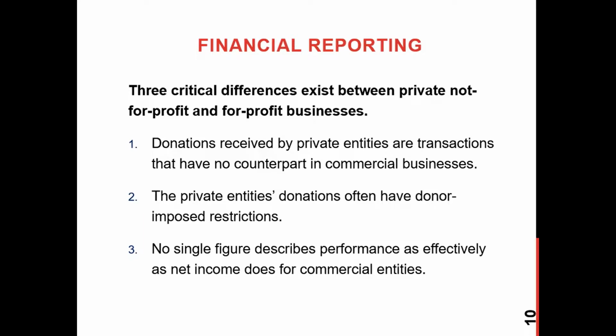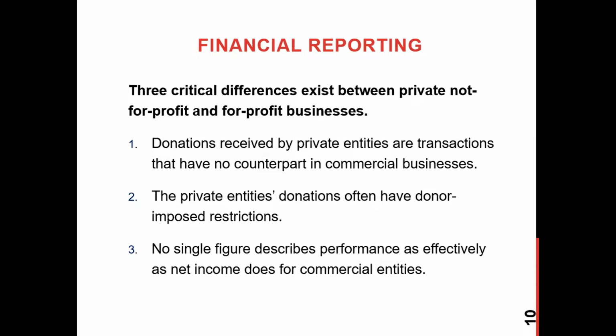For example, donations received by private not-for-profit entities are transactions that have no counterpart in commercial business. Another difference is that donations often have donor-imposed restrictions, and we'll see different types of assets like restricted, unrestricted, temporarily restricted, and there is no single figure that describes the efficiency or the performance of any not-for-profit organization.